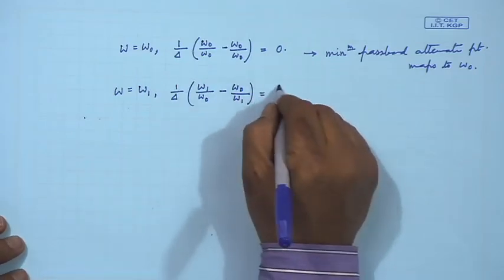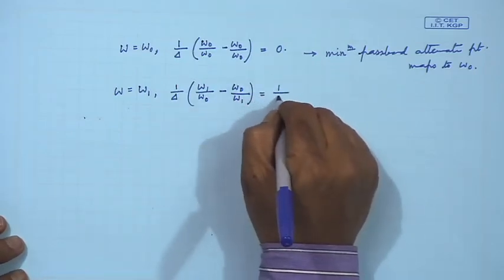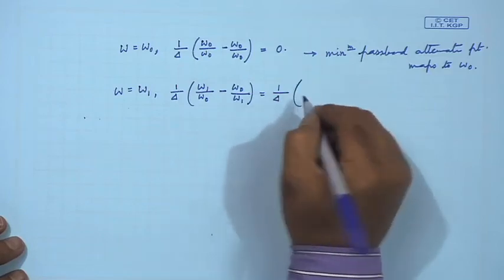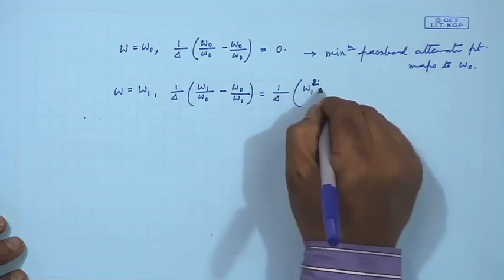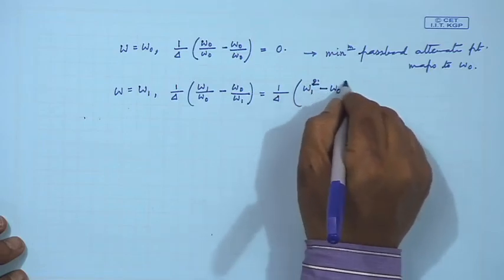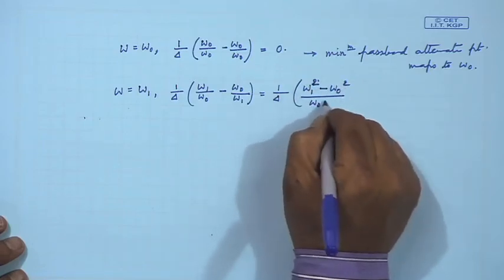So, this is 1 by delta, omega 1 square minus omega naught square by omega naught omega 1.